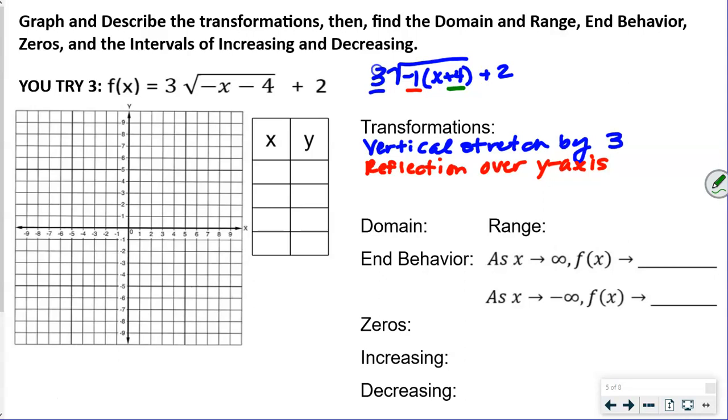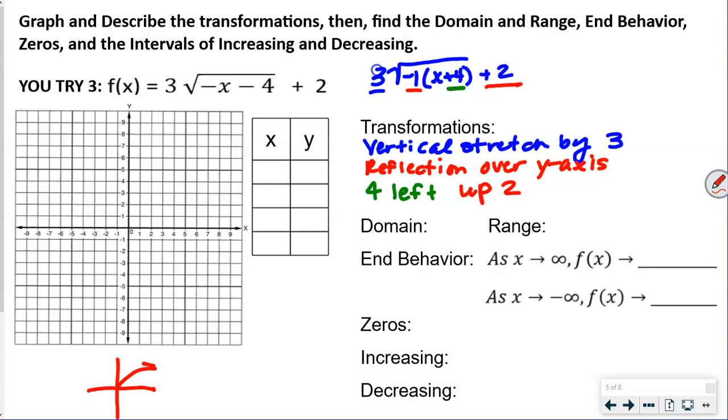So this is going to be 4 left, isn't it? And then what do we have left over here? We have this plus 2. What does that mean? That means we're moving up by 2.